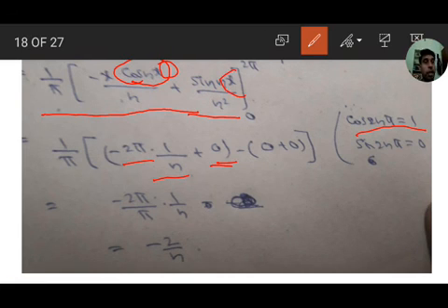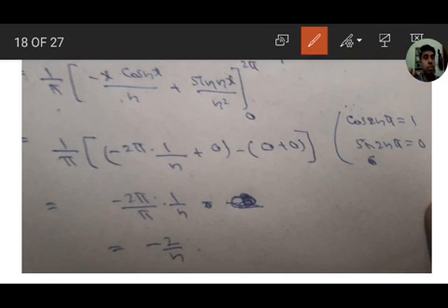So upper limit, 0 by n square means 0. And if you substitute 0, 0 into something is 0 and sin 0 value is 0. So 1 by pi into minus 2 pi by n. Pi cancel, minus 2 by n is the answer. Okay.